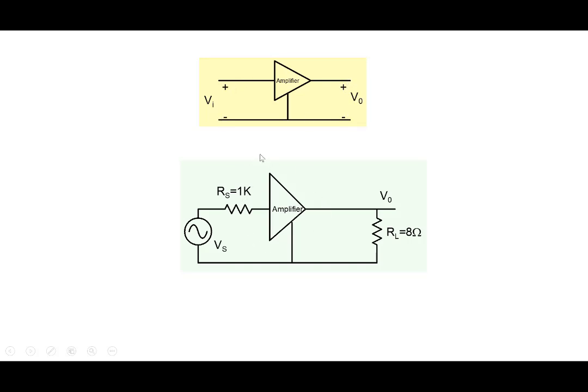So we need a representation of this thing in terms of 2 pairs, maybe an input pair of terminals here, and an output pair of terminals here. So if we could do that, then of course we could take the amplifier out, substitute the representation of the amplifier, and solve the circuit, right?